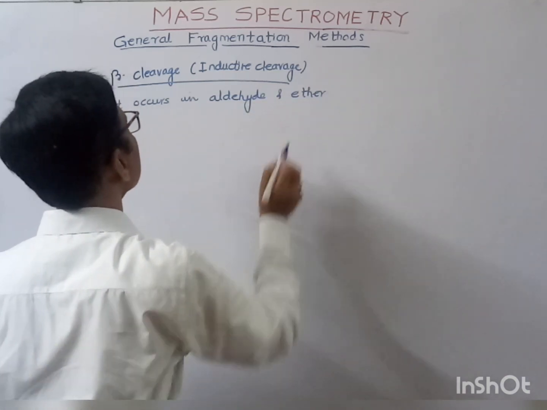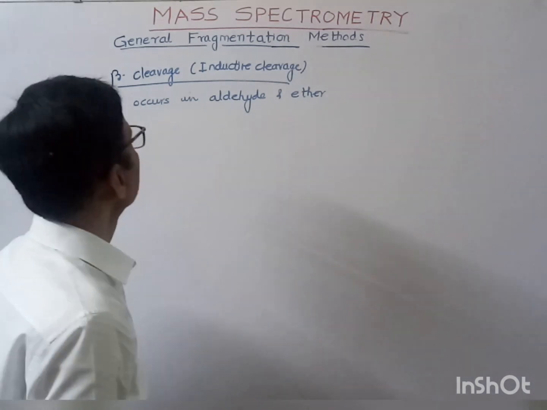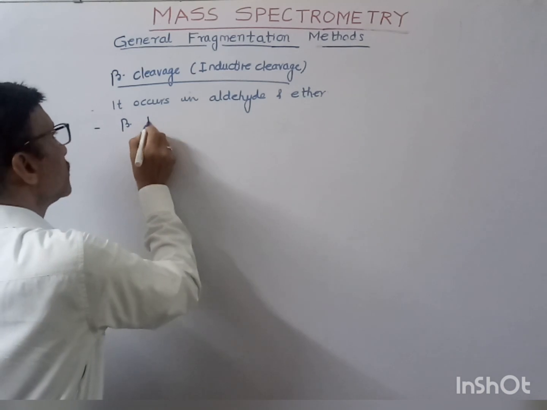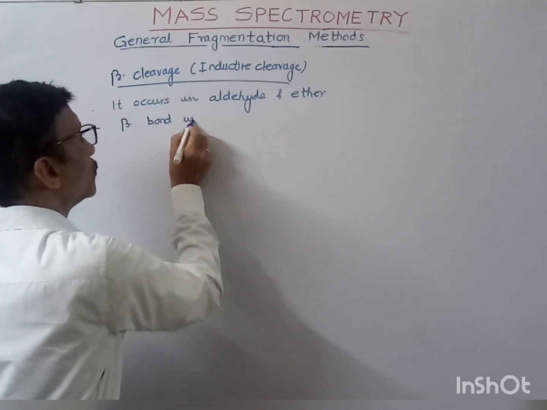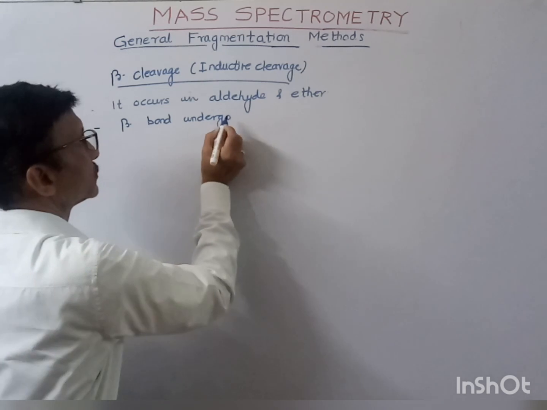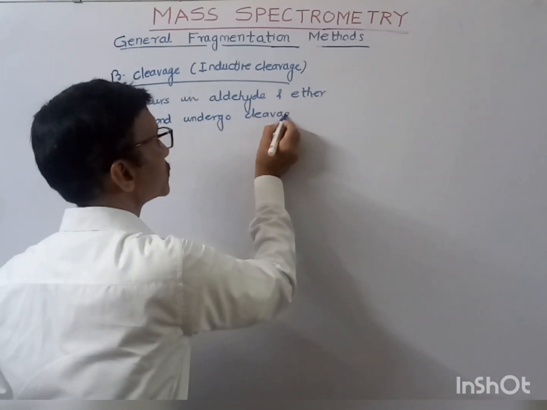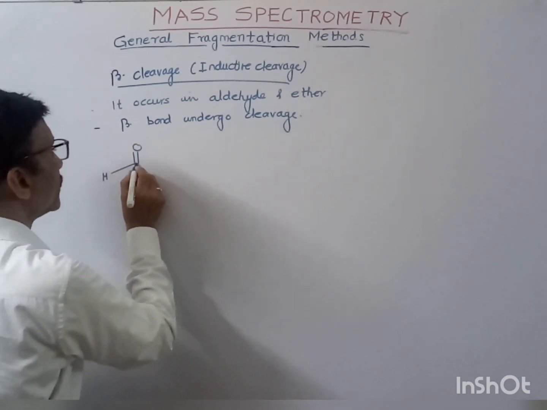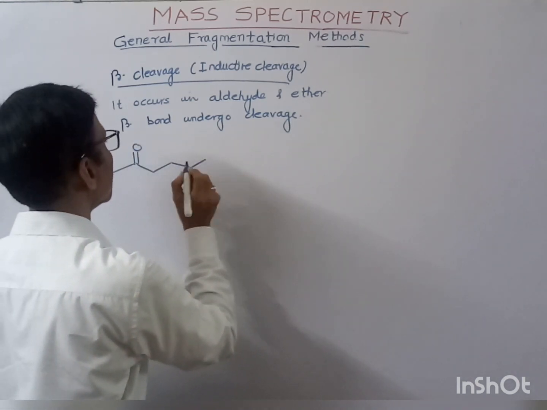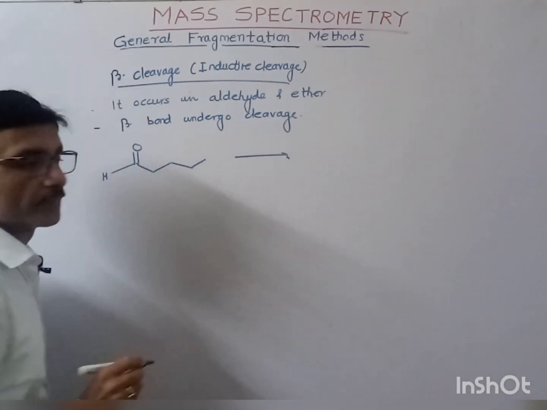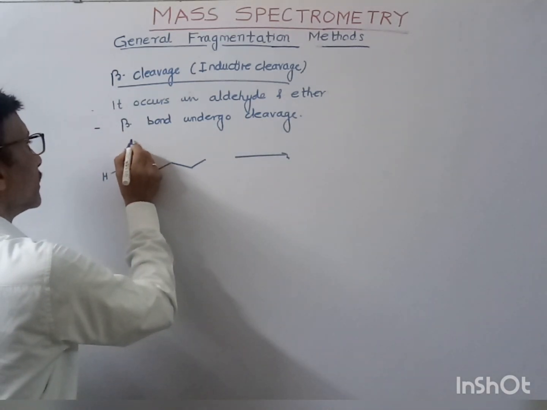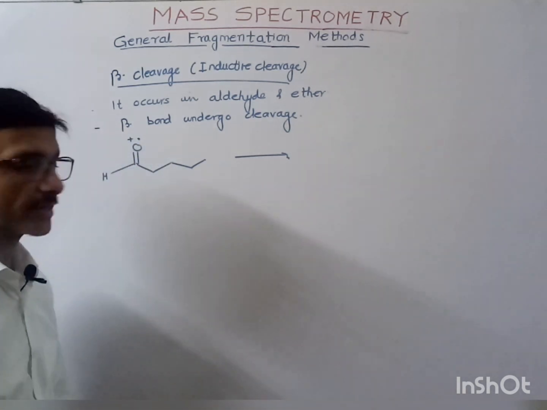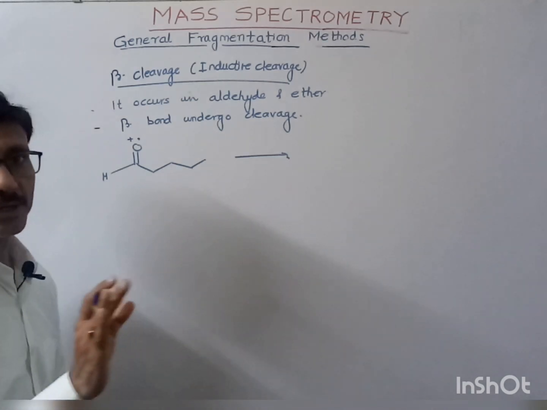Here the beta bond undergoes cleavage. So suppose you have an aldehyde, and this is the molecular ion formed after the removal of one electron, so it can undergo the beta cleavage.